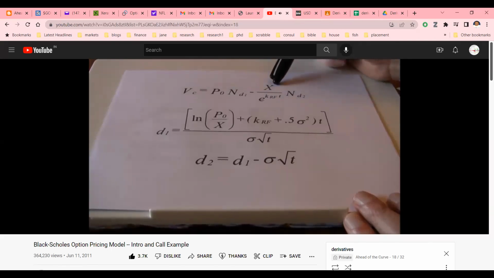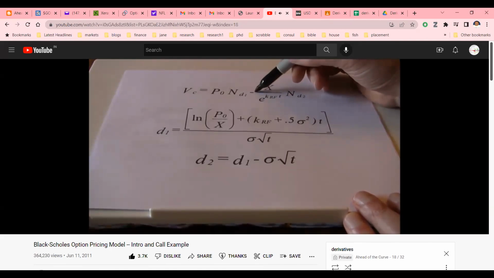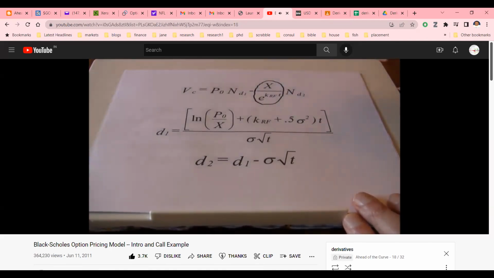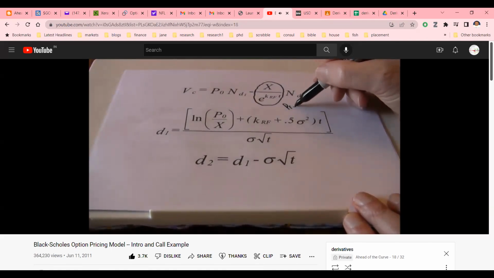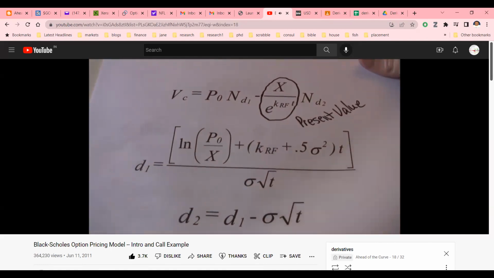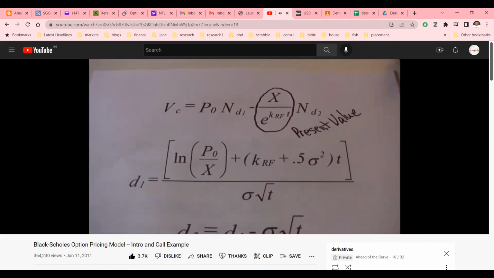minus the exercise price divided by e to the risk-free rate times time. Now, this looks like a big mess, but really all that is, is a present value. It's the present value of the exercise price discounted back to today at the risk-free rate of return.